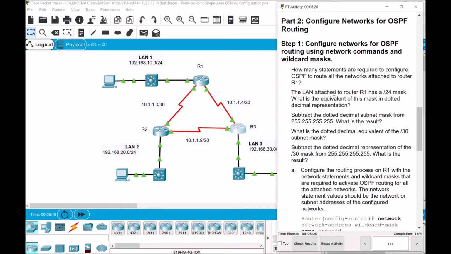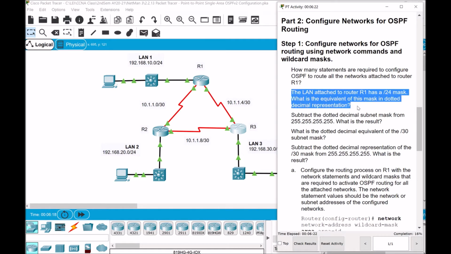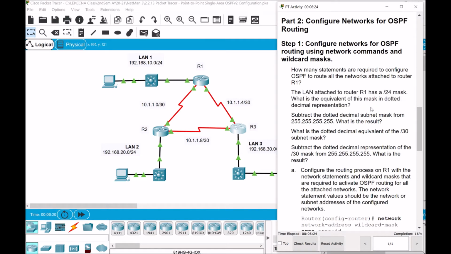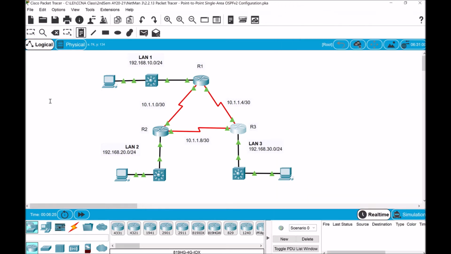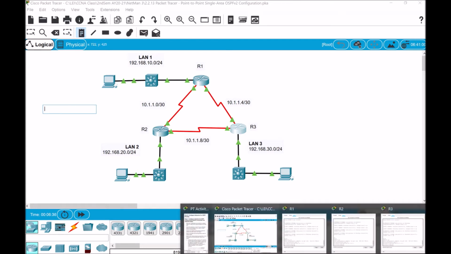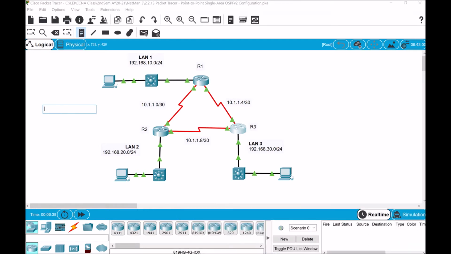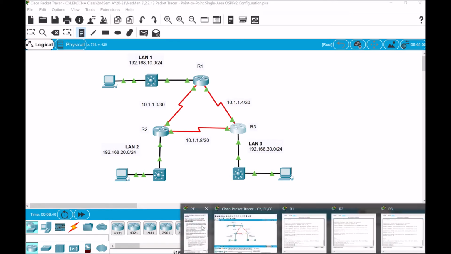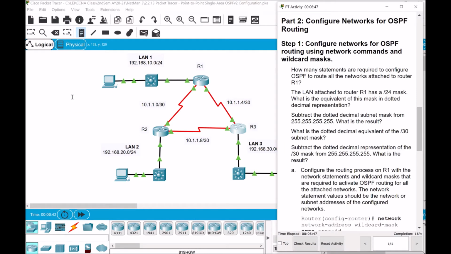The LAN attached to router R1 has a /24 mask. What is the equivalent of this mask in dotted decimal representation? We know that a subnet mask represents all the logic ones on our network, which specifies the network ID and the host ID. So what's the equivalent of a /24?